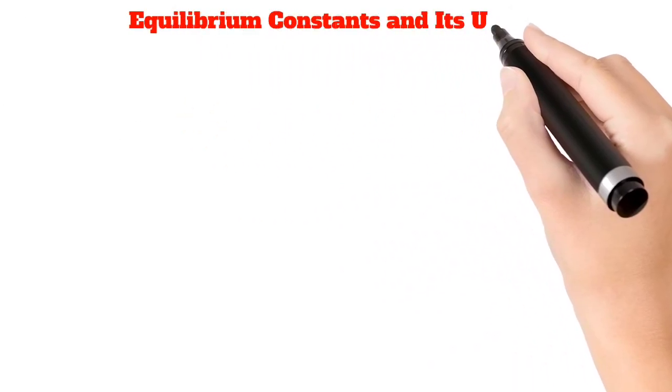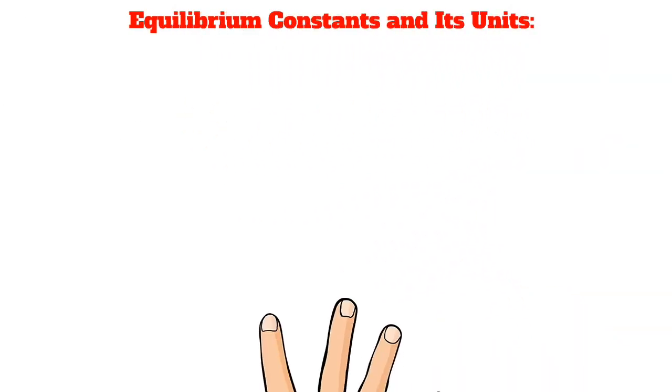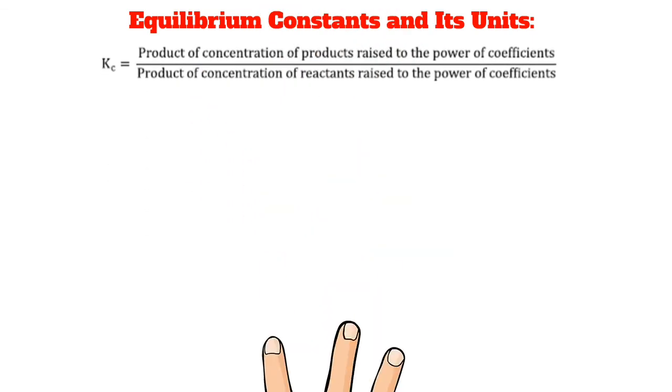Now I will explain more about equilibrium constant and its units. We know that equilibrium constant is represented by Kc, which is the ratio of product of concentration of products raised to the power of coefficient to the product of concentration of reactants raised to the power of coefficients.